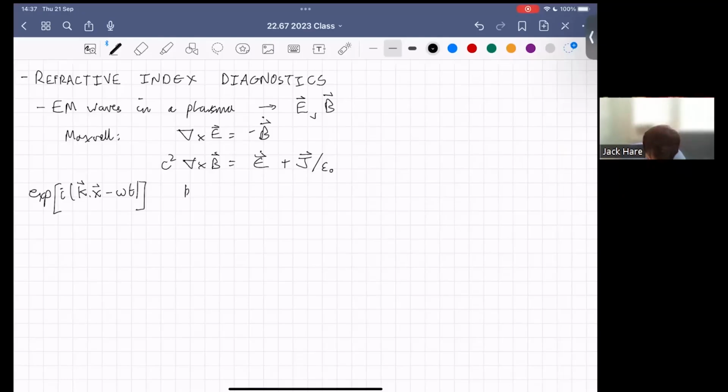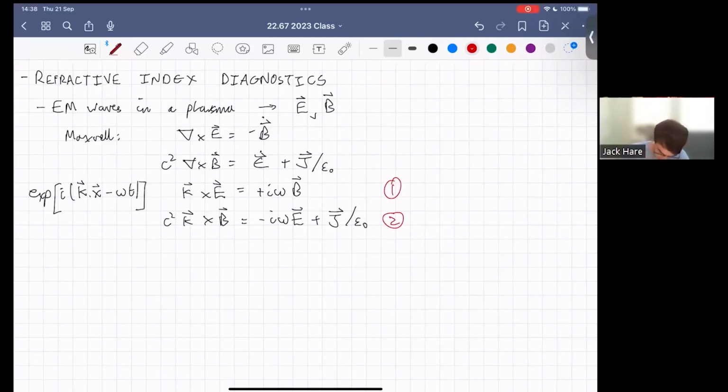And we end up with k cross E equals i omega B, and c squared k cross B equals minus i omega E plus J upon epsilon naught. The astute amongst you have noticed I made a sign error in the first equation: this is plus i omega B, not minus i omega B. Okay, very good. We could call these equations 1 and 2.